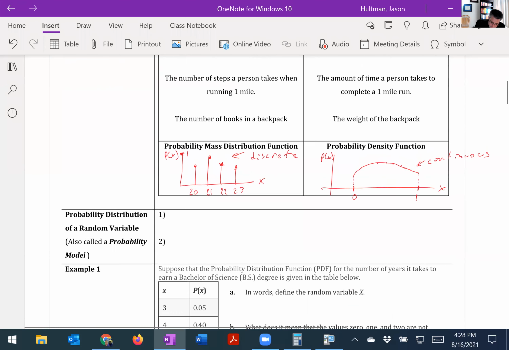Okay, probability distribution of a random variable. The probabilities sum to 1. Okay, the probabilities have to sum to 1.